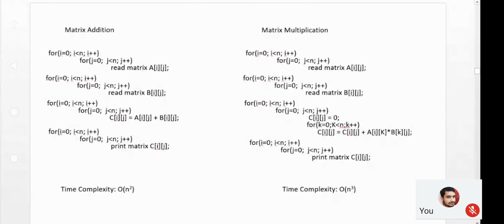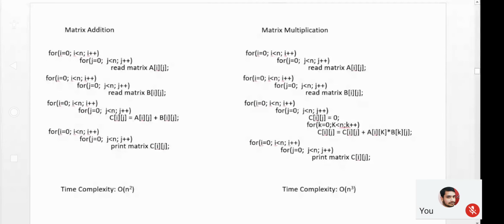Suppose for a linear loop, we have seen the time complexity is n. Now if I have a loop, say for I is equal to 0, then I less than n by 2, then I plus plus, and some statements are there.